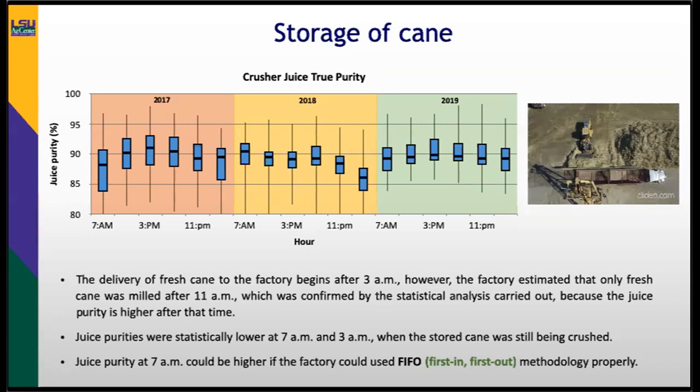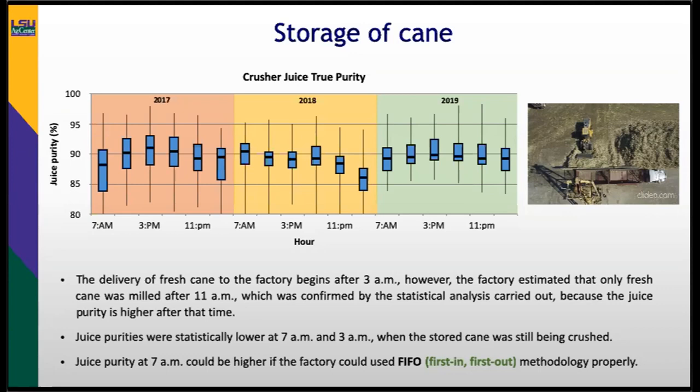You can see in the boxes for each year that between 11 a.m. and 11 p.m. the purity of the juice is higher than the purity at 7 a.m. and 3 a.m., which are the first and the last boxes in each set of boxes.